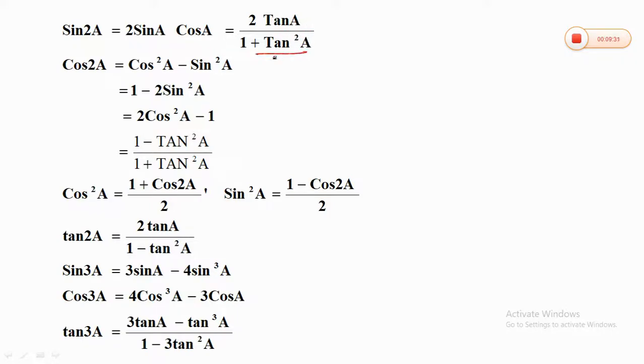For cos 2a there are 4 formulas, and tan 2a. There are also sin 3a, cos 3a, tan 3a. All these are very important, you must prepare and you must buy it. Write once, twice, and throughout the year you practice these formulas.